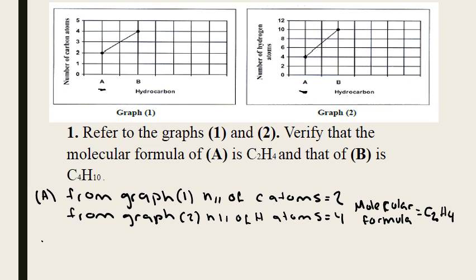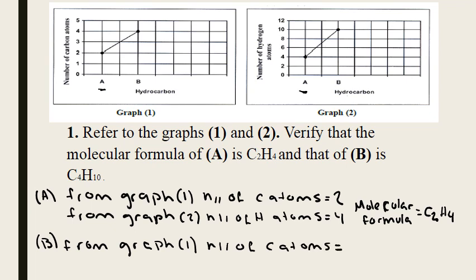That's for A. In B, we do exactly the same thing. From graph 1, the number of carbon atoms equals, here look, B is 4.